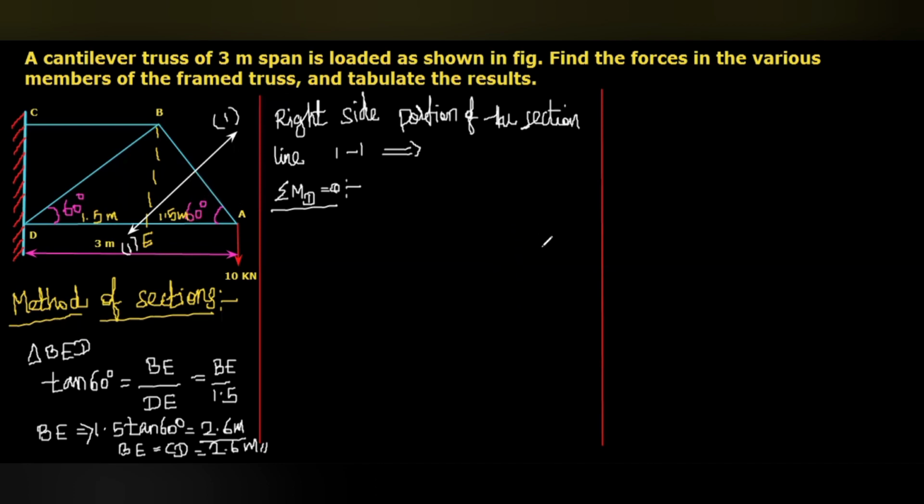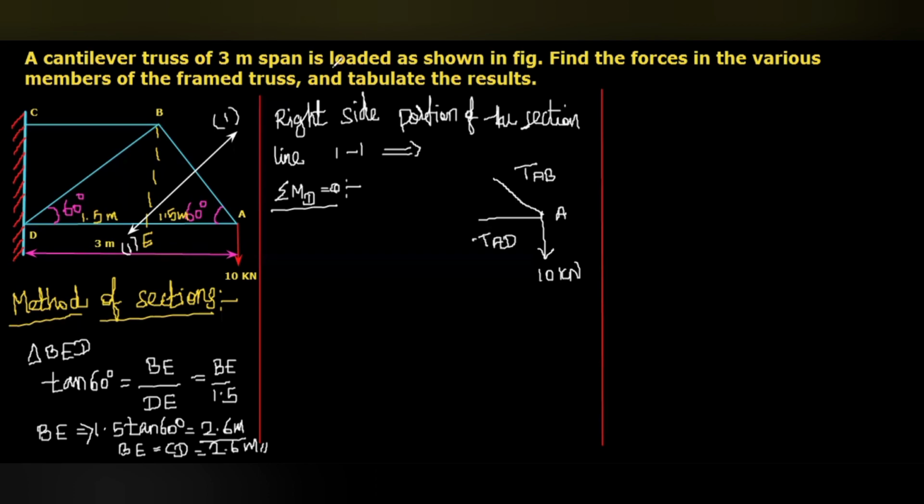This I'm going to draw in size for our reference. This is joint A. A vertical downward force, 10 kilonewton, is acting. There is an inclined force, the direction is unknown till now, TAB, and then there is a horizontal force, TAD.